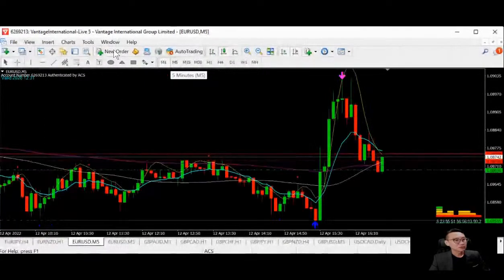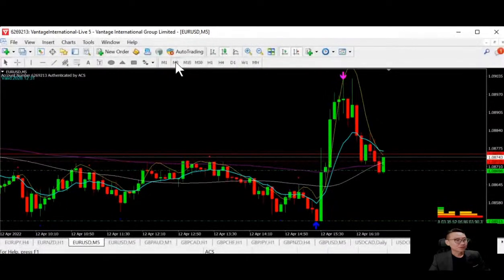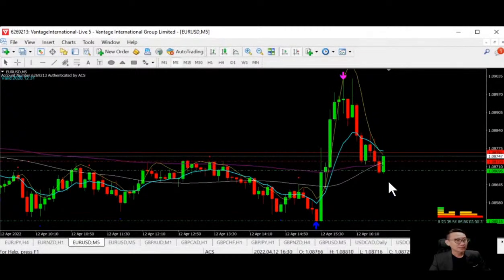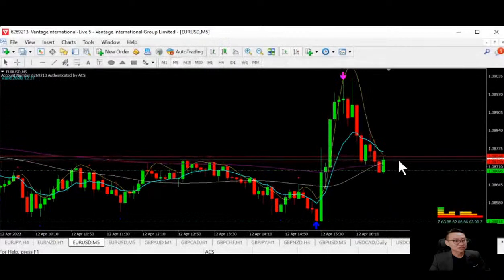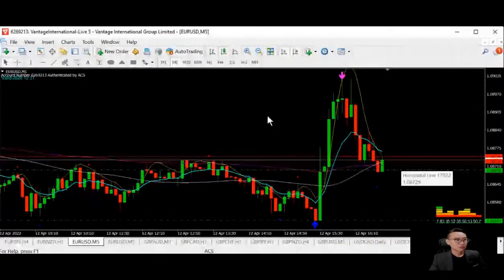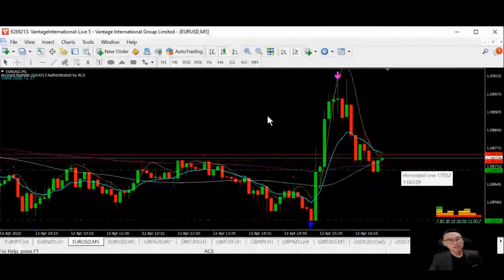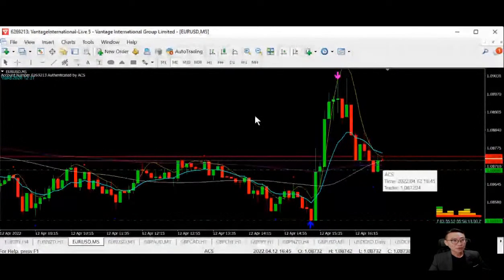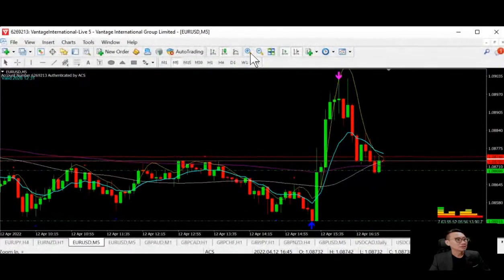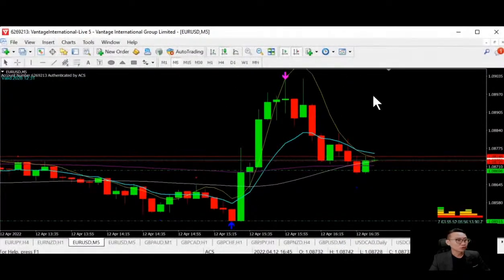So slowly, right now, the price is going towards testing the resistance here. Then what's next? The question is, will it break the resistance and go back to the support area? Let me zoom in and take a look.